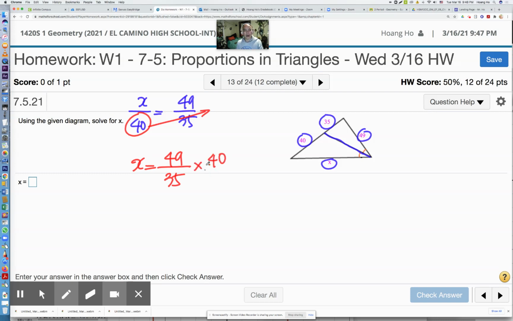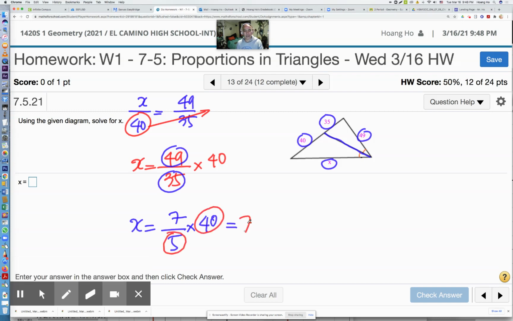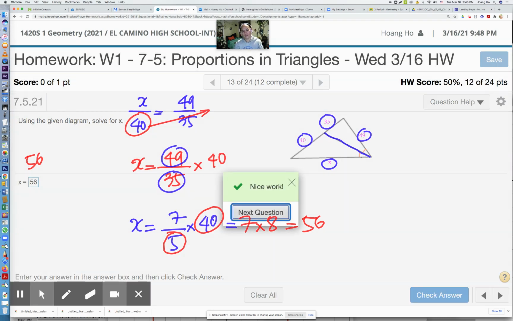It looks like I can simplify this by 7, so I got 7 over 5, and then times 40. 40, I simplify with 5, that is 8. So I come out with 56, the answer of 56. You can punch it in your calculator.